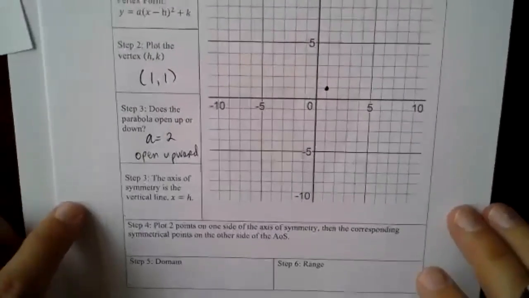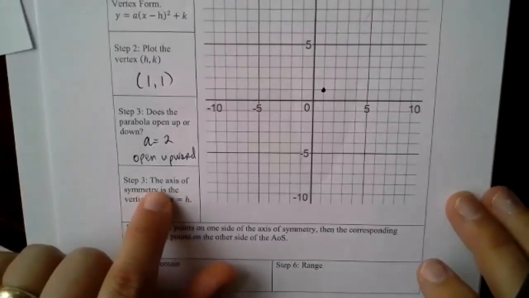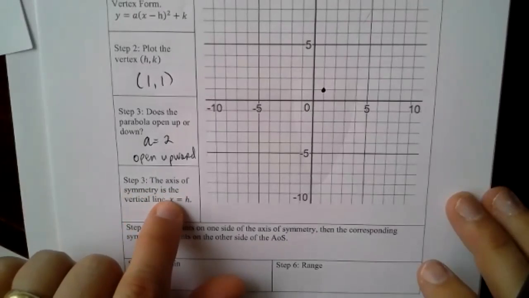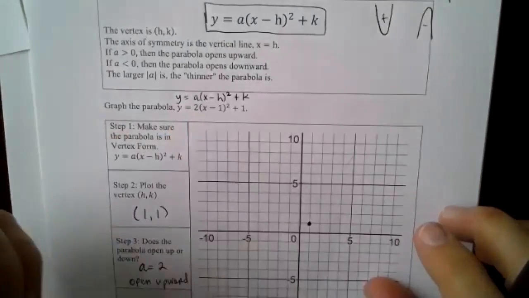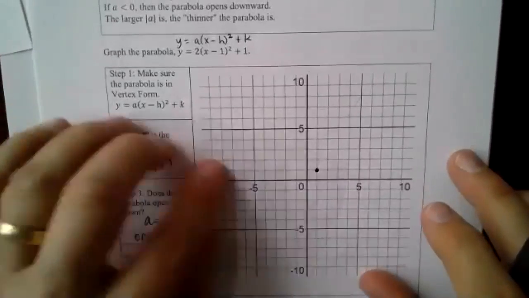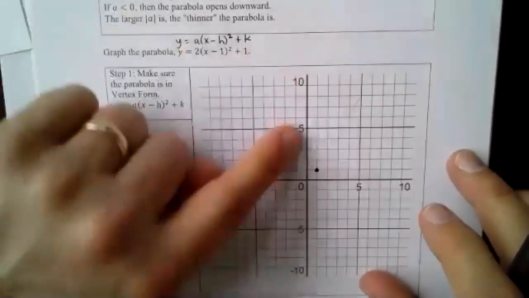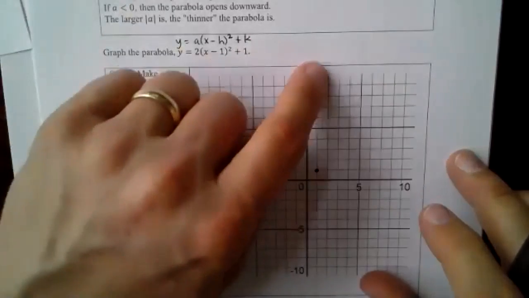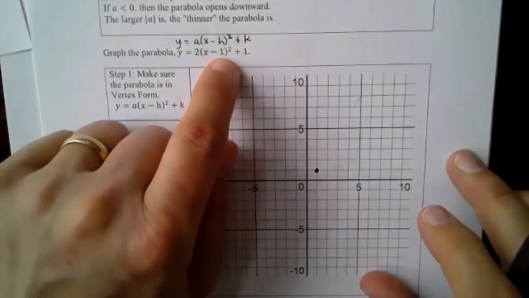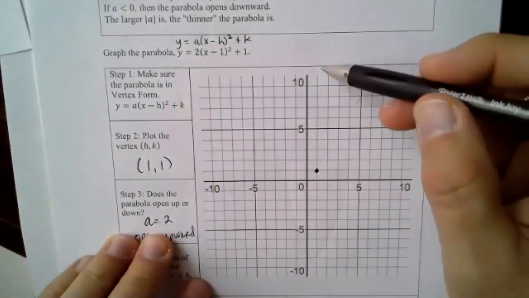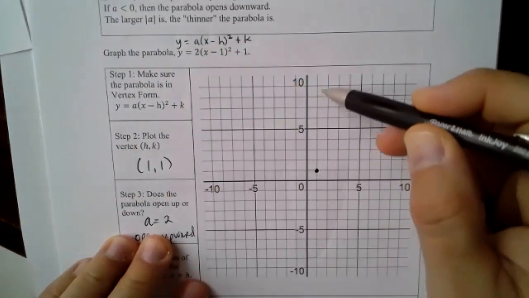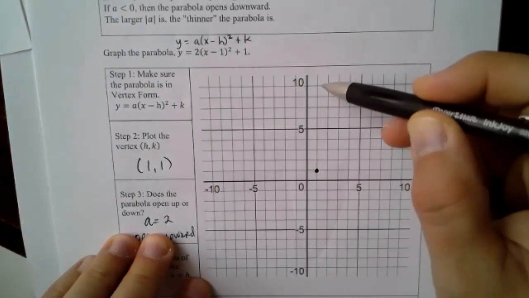Now, the axis of symmetry is the vertical line x equals h. Let's go back up here. Remember our axis of symmetry on the last one was x equals 0. Well, our h was 0 earlier, okay? Now, our axis of symmetry is going to be x equals wherever h is. It should make sense that your axis of symmetry and your vertex are always going to match up.